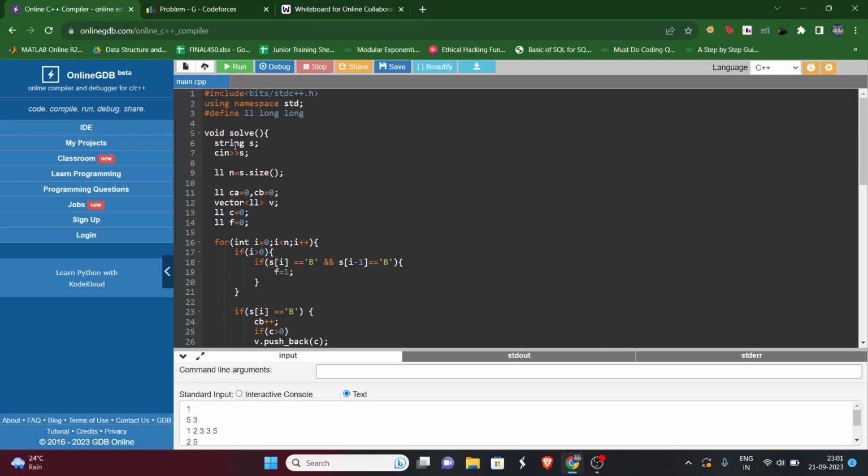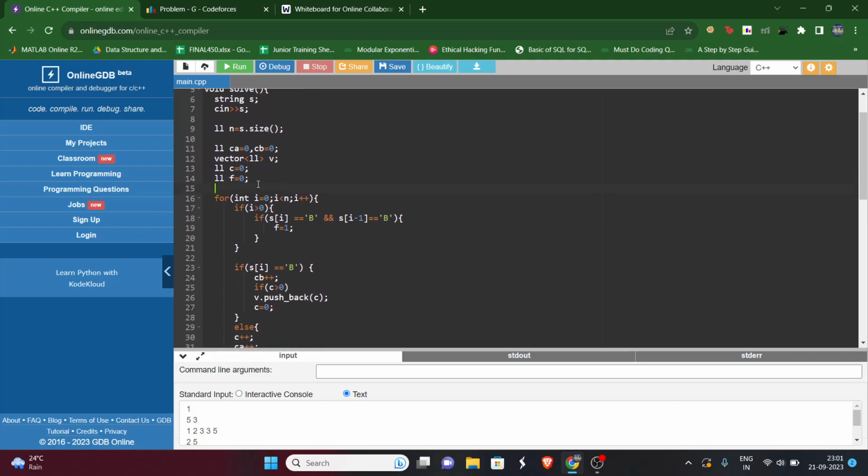So what I did was first take the input, and then keep the count of A and B, and if there are groups of A, we push them into this vector V. C is 0; C will denote the size of the latest group of A, and F will be the variable to denote if we have found two consecutive B's.